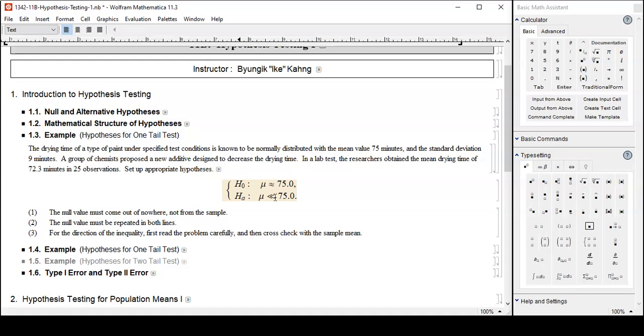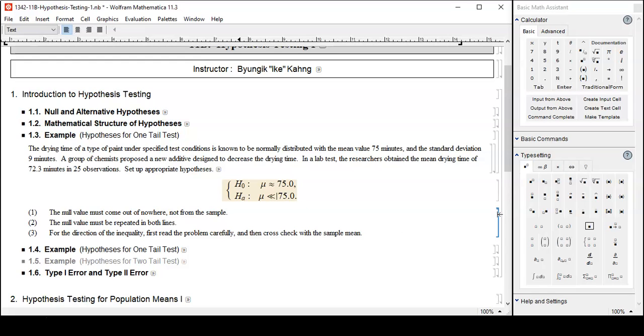For example, you're doing some research about a COVID vaccine, and then you're supposed to have a lower mortality rate after that, right? But then again, not vaccine, let's say medicine, the mortality rate went higher. Then what do you mean by that? You got to stop that because clearly it's not working. So yes, the sample mean should be in the same direction. That's the second indicator. First, read the problem carefully, and then cross-check with the sample mean.